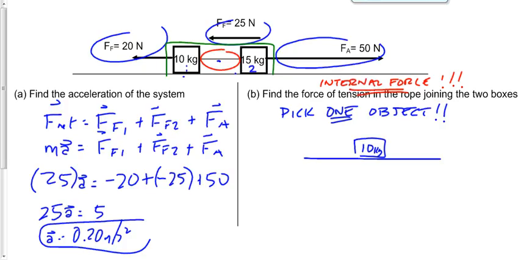So I'm picking an object. That 10 kilogram object has a 20 Newton force of friction acting on it. I'm not going to draw the 50 because it's not acting directly on the 10. It's acting directly on the 15. I'm not going to draw the 25 because it's acting on the 15 as well. Now I'm drawing only the forces acting on the 10.